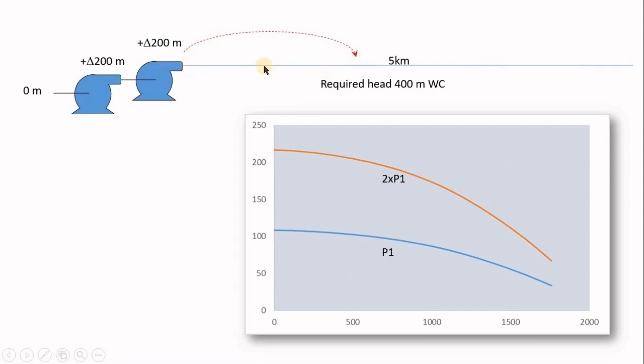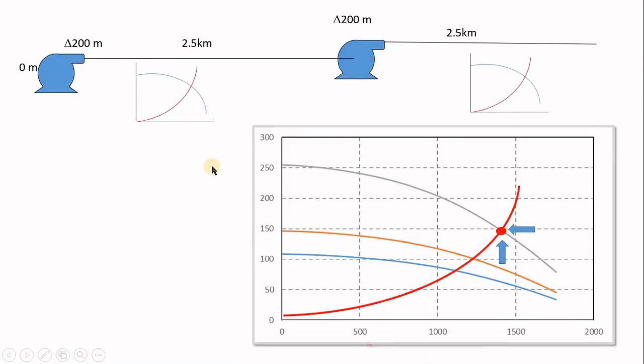Here we said it's a 5-kilometer pipe and we will move it to the middle. So what we expect is, if this is the middle, we still need 200 from this point to the suction of the second pump, and then another 200 meters from the suction of the second pump to the end of the pipe. So everything is fine, everything is great, we have no issue whatsoever.